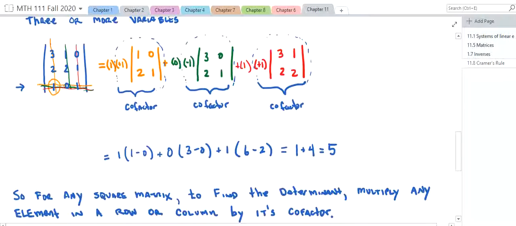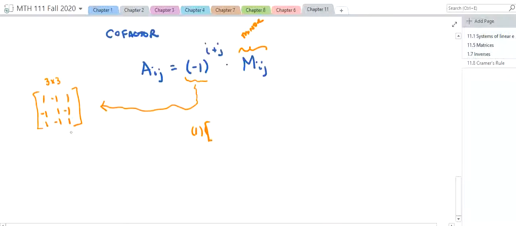And when we choose the 0 here, this is 0 times, and the reason this is minus 1 is because it's this guy here, but it really is minus 1 to the i plus j, or third row, second column.